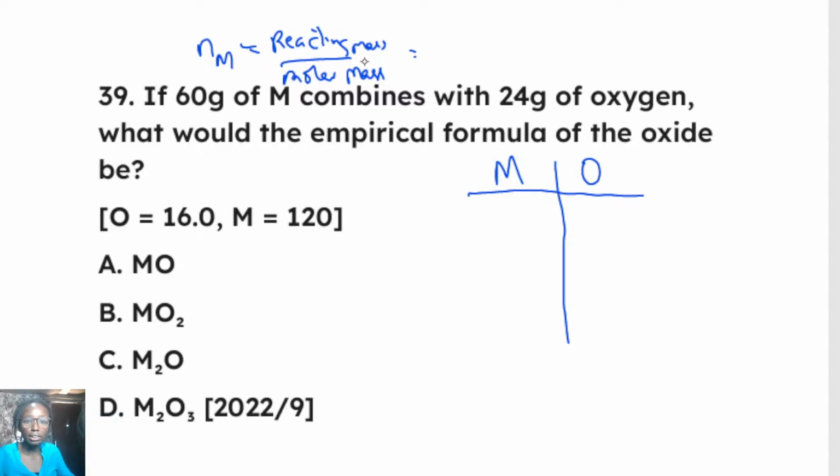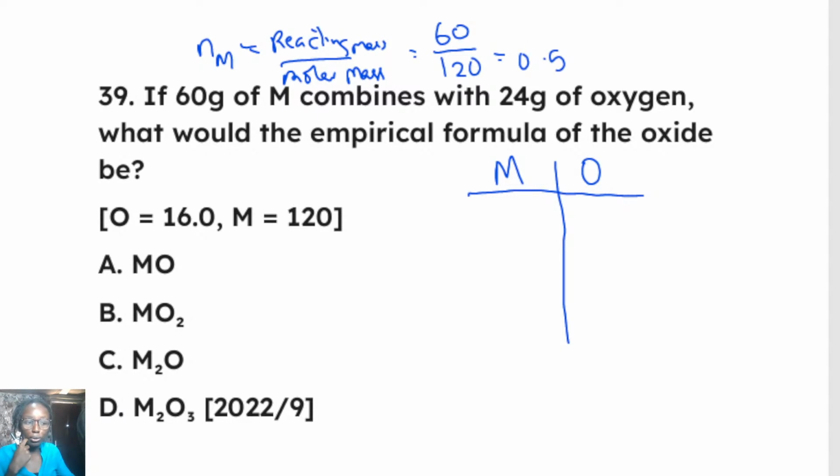So we can see the number of moles here for oxygen, so we have 24 grams for oxygen, and 60 grams for M. So if we have this as 60 over, we can divide this by 120, we have 0.5, right?